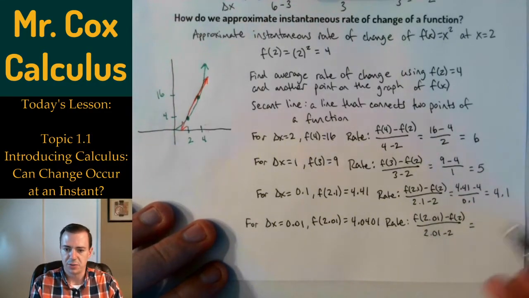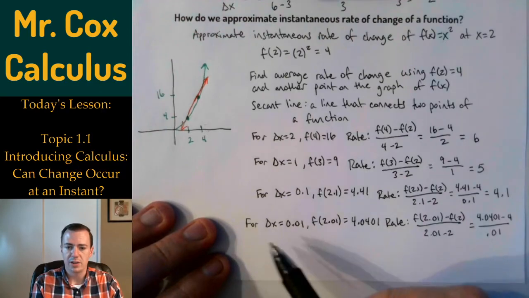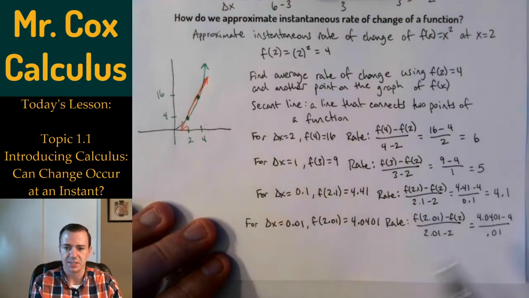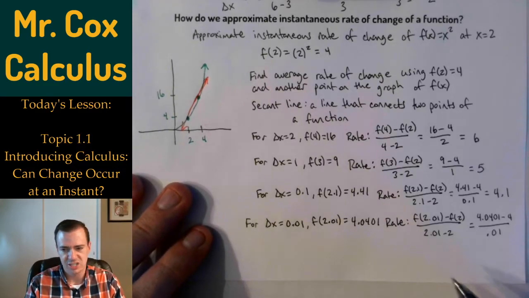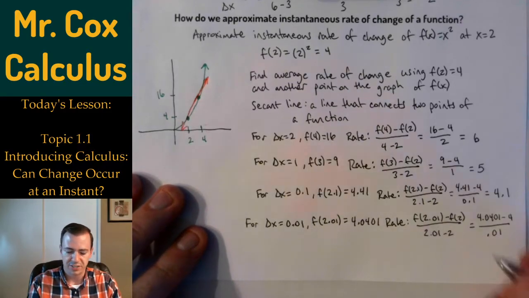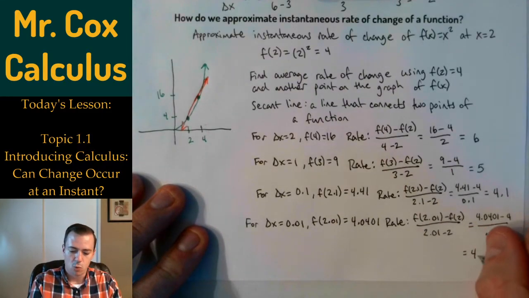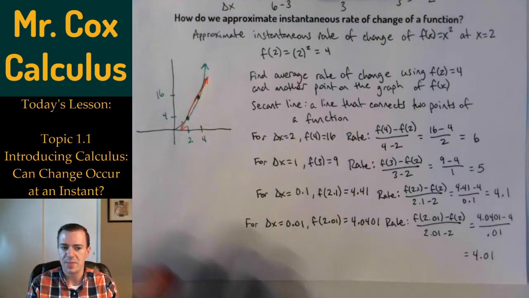And if I substitute these in, I get 4.0401 minus 4 over 0.01. And you'll notice my change in x always ends up being the denominator there, and that comes from our change in y over change in x formula. Well, if I look here, 0.0401 divided by 1/100 ends up equaling 4.01. And there's a trend that's emerging.